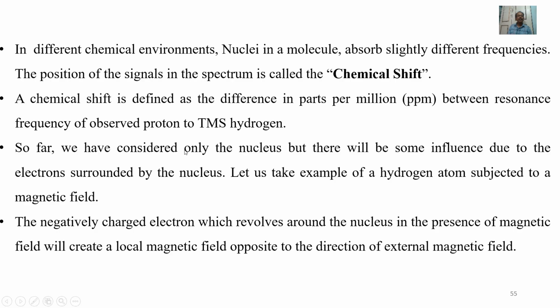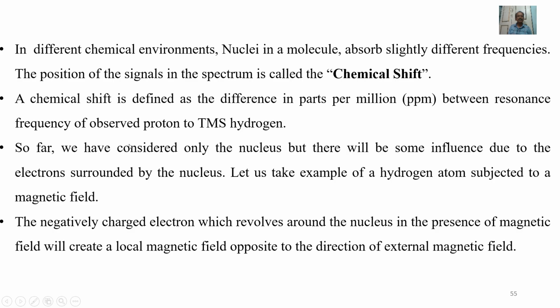In different chemical environments, nuclei in a molecule absorb slightly different frequencies. The position of the signals in the spectrum is called the chemical shift. A chemical shift is defined as the difference in parts per million between the resonance frequency of the observed proton and TMS hydrogen.